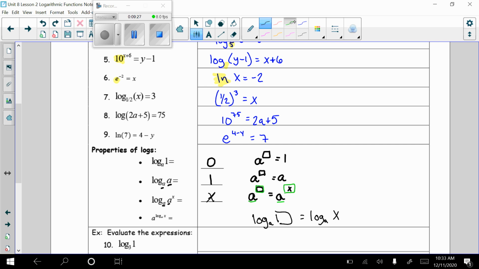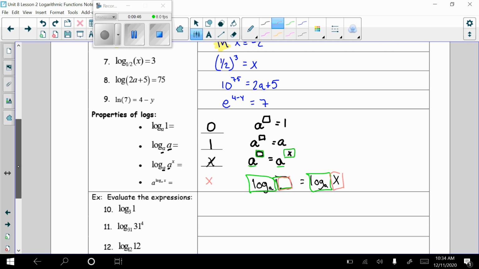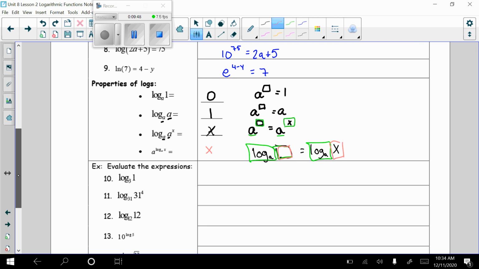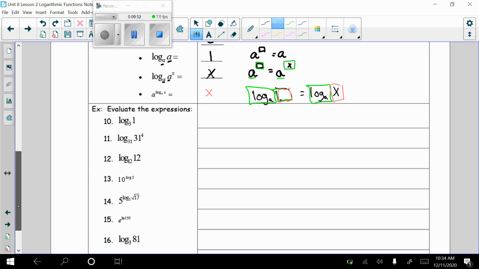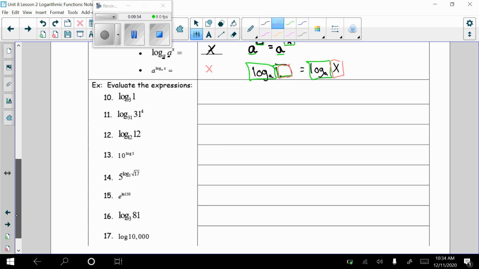Again, for these to be equal, because this portion is the same, then this portion must also be the same. And so that is also equal to x. So just some properties of logs to look out for when you're simplifying and getting ready to evaluate your expressions.